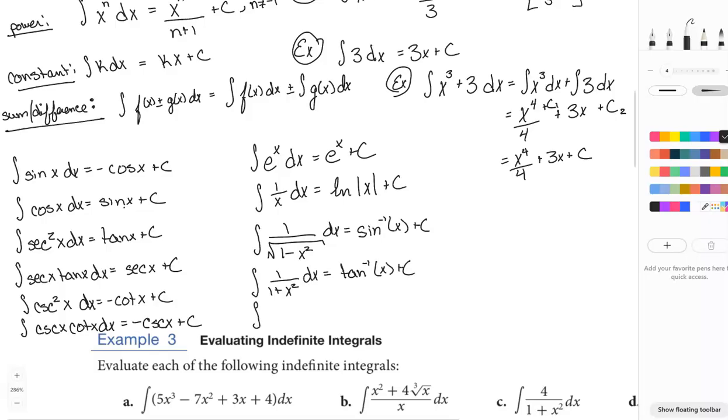And then if we integrate 1 over x square root x squared minus 1, that's going to be inverse secant.